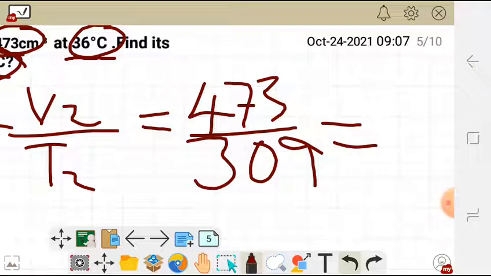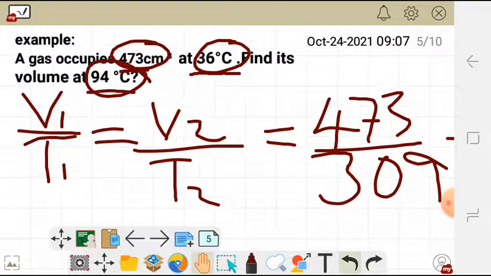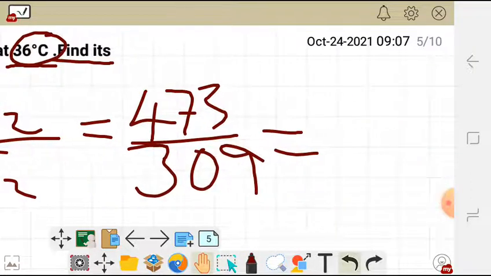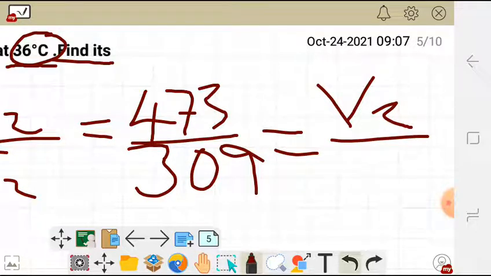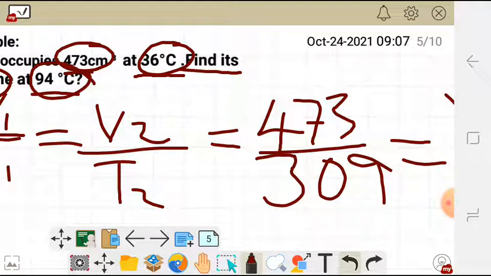Which equals our V2. In this case, that's what we are looking for. Remember, they say find its volume at 94 degrees Celsius. So we're going to write it as V2 there. And then our T2 is 94 degrees Celsius. Now we need to convert it to Kelvin.